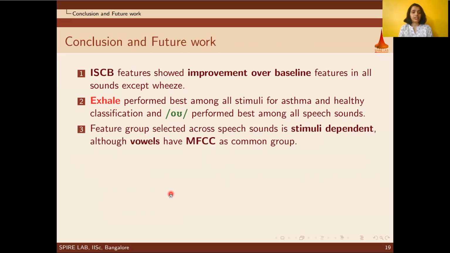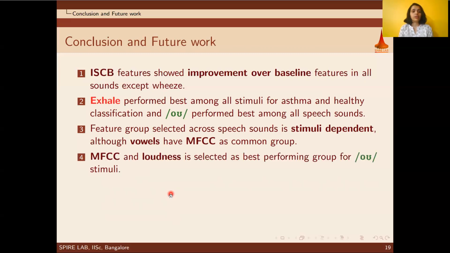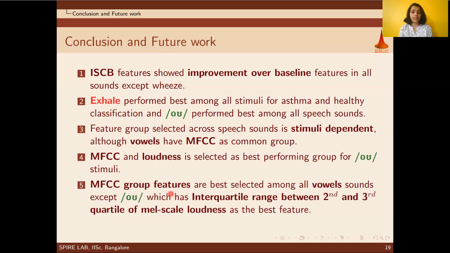ISCB feature group selection results are stimuli dependent, but for vowels, MFCC is common across all the vowel sounds. For the best performing O sound, loudness and MFCC turned out to be the best selected groups, whereas the interquartile range between second and third quartile of mel scale loudness is selected as the best feature.